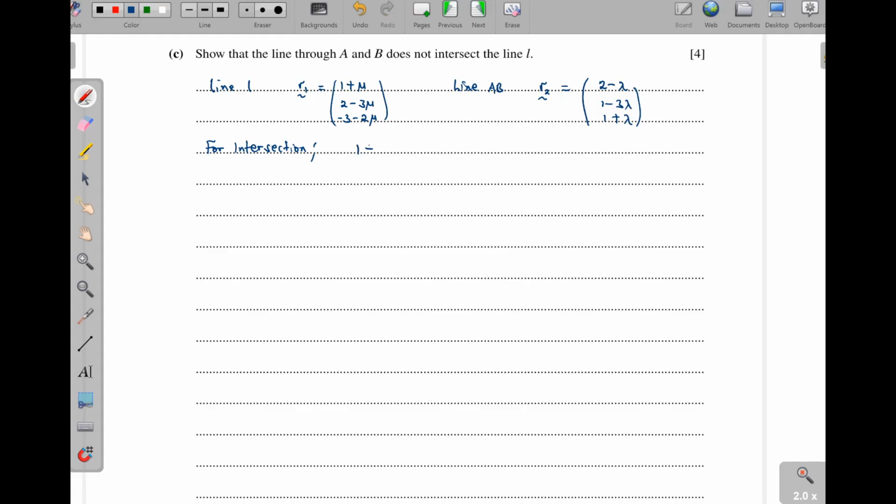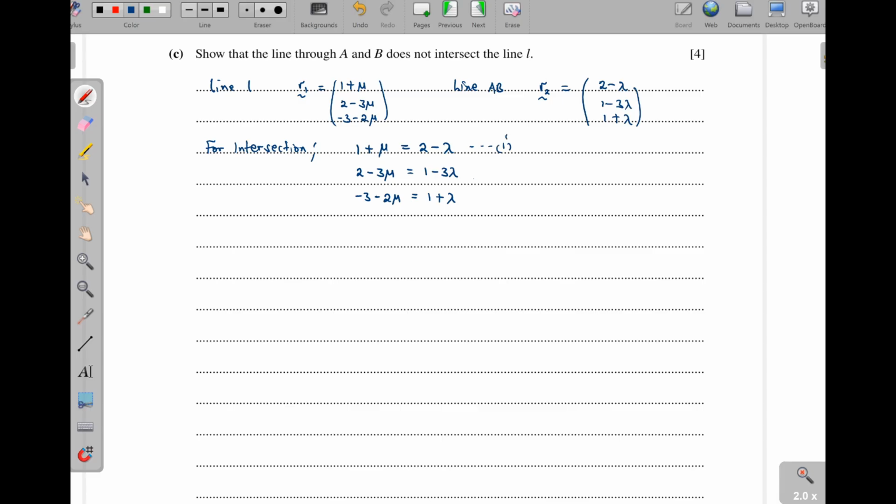You have 1 plus mu, which is equal to 2 minus lambda. Then we also have 2 minus 3 mu, which is equal to 1 minus 3 lambda. We also have -3 minus 2 mu, which has to be equal to 1 plus lambda. Then we can solve these simultaneously.